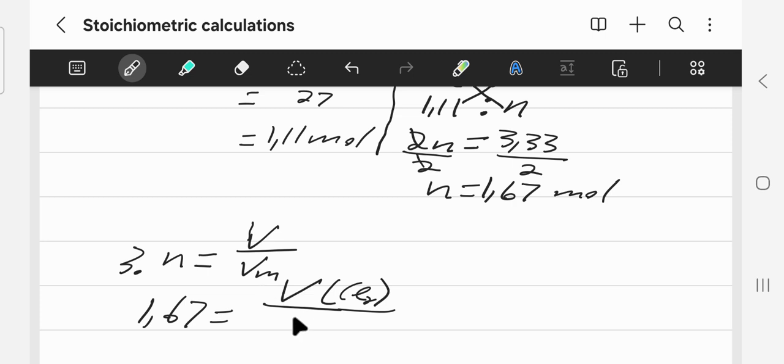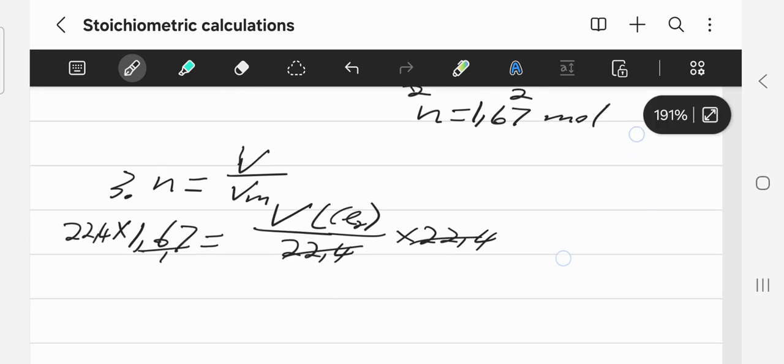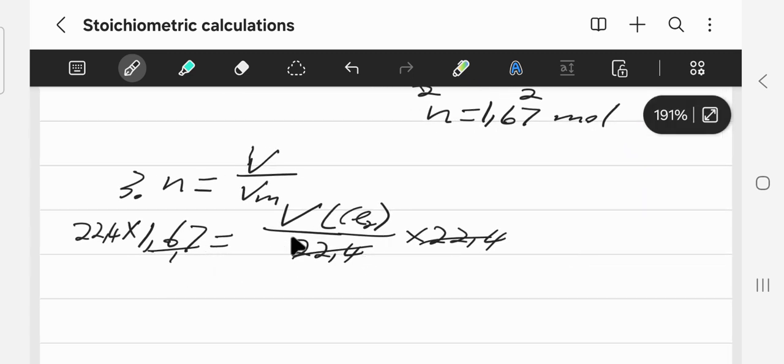What is Vm? The molar volume, it's 22,4. And then I'm just going to multiply by 22,4 on both sides. These are going to cancel, or you can just cross multiply, guys. That's also another option.